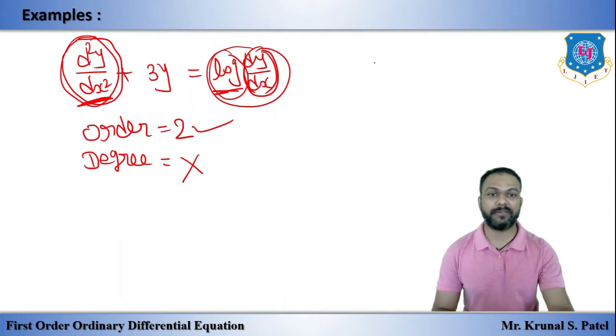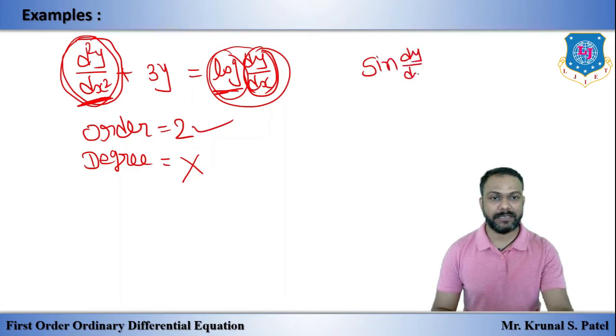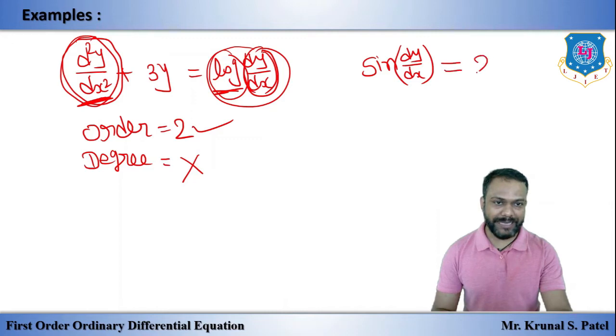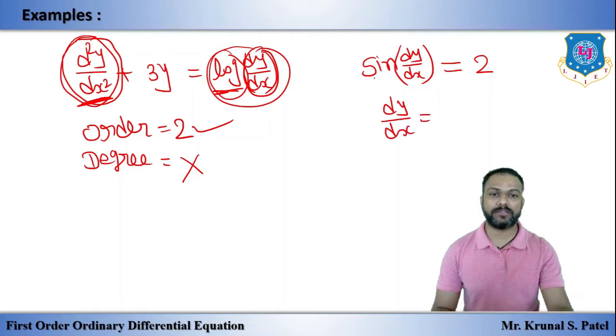In a similar way, if we have sine of dy by dx, then we also cannot find the degree. But if we have this kind of differential equation only, we can remove this by taking the inverse trigonometric function, so we have sine inverse.